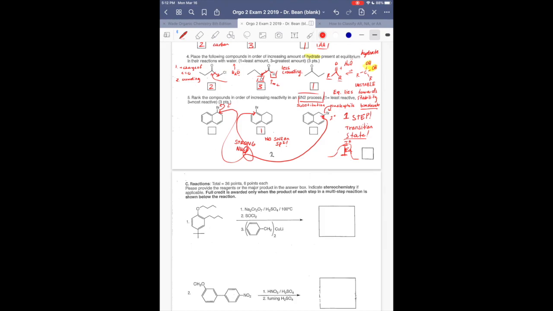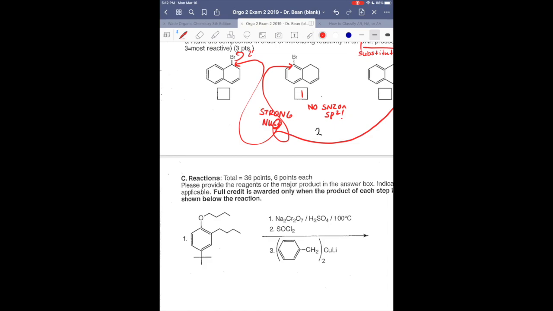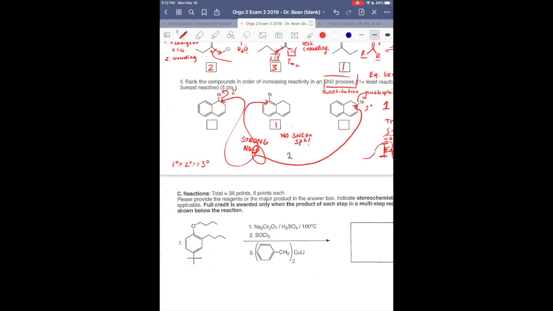Remember, in terms of degree of the alkyl halide, what is the trend for SN2? That's your trend for SN2 in terms of reactivity. Here we have two that are secondary, and on top of that, both of these have some sort of resonance.